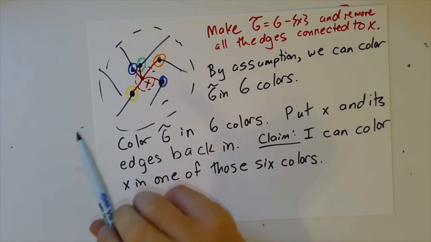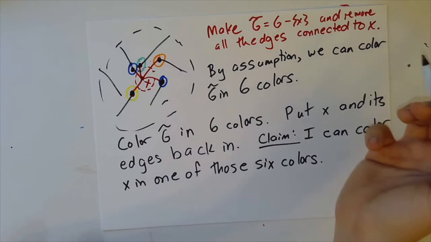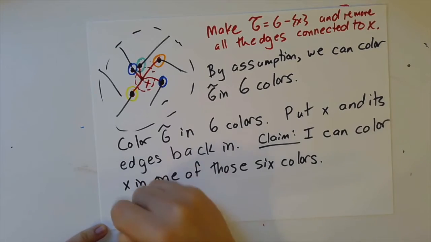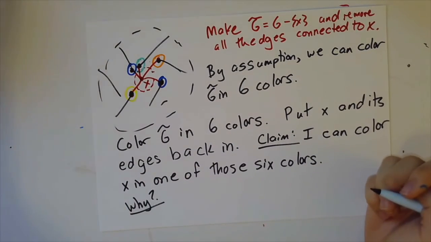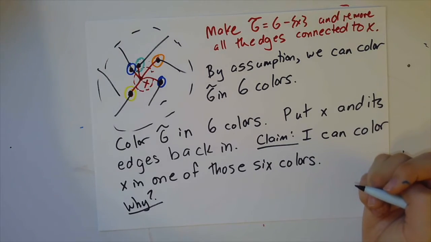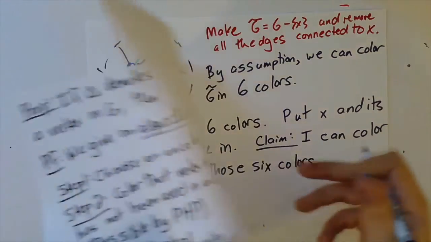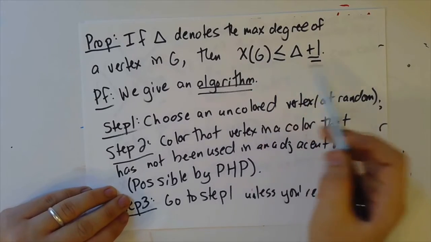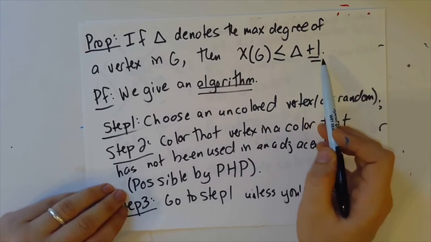That knocks out at most 5 colors. So because of the pigeonhole principle, in fact, this is exactly the same instance of the pigeonhole principle that showed up way earlier when we were proving that the chromatic number is always less than or equal to the biggest degree plus 1.